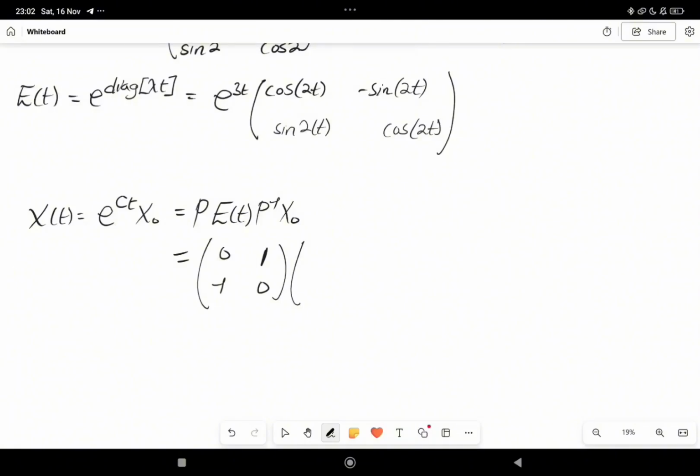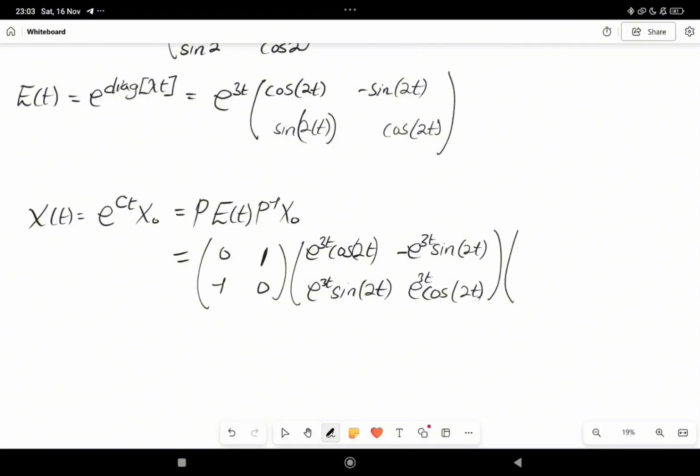Our e of t, which we have over here: e to the power 3t cos of 2t, minus e to the power 3t sine of 2t, e to the power 3t sine of 2t, and e to the power 3t cos of 2t.